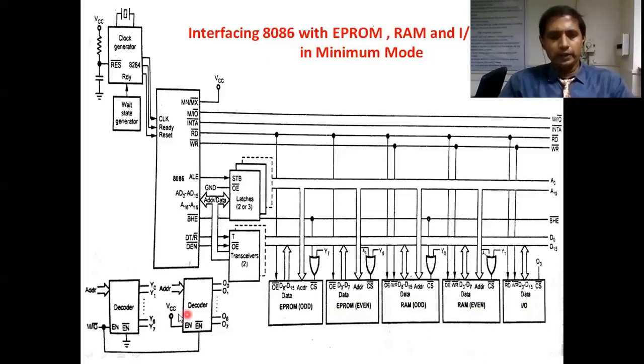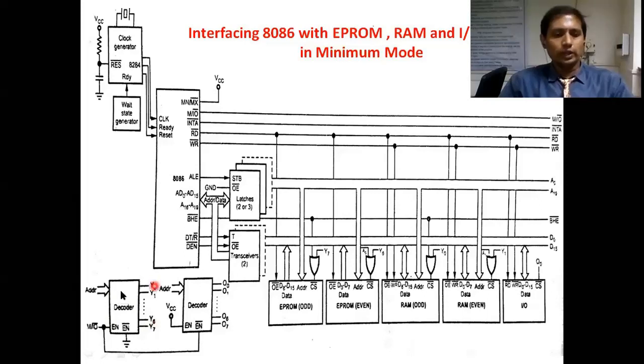Now another important point is that here we are using a decoder. In the coming video on IO interfacing, I will explain the decoder in detail. Here you simply remember that a decoder has a set of input pins and a set of control pins. We get output, and that output should be all zeros. One decoder generates 8 outputs.